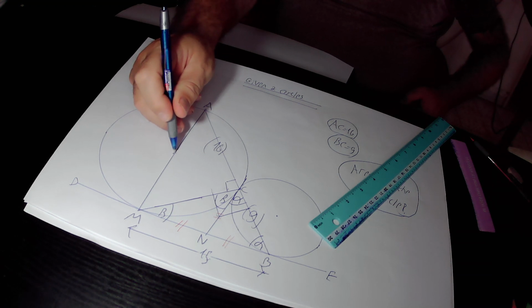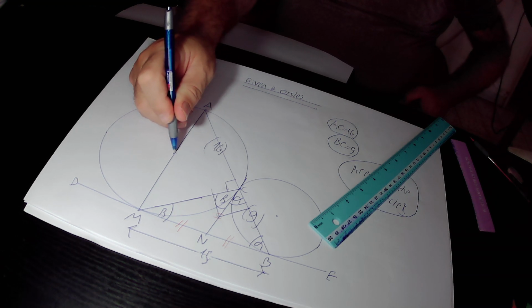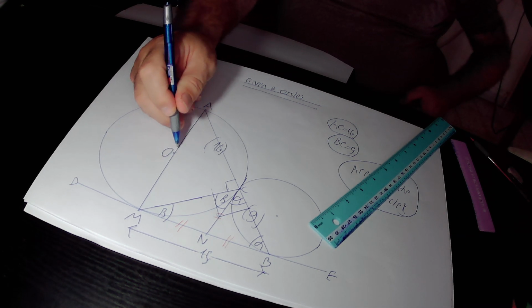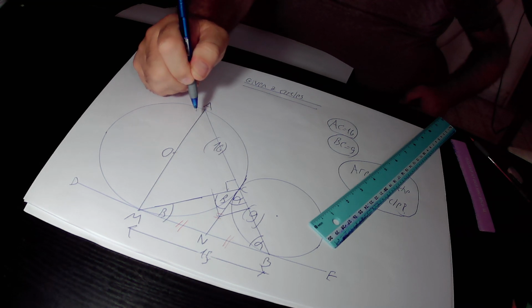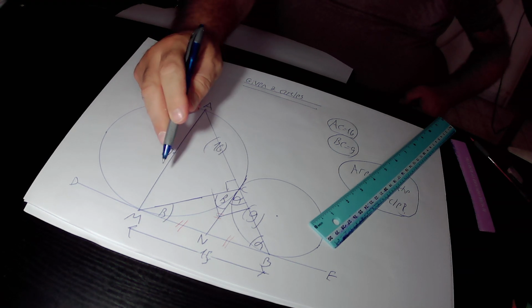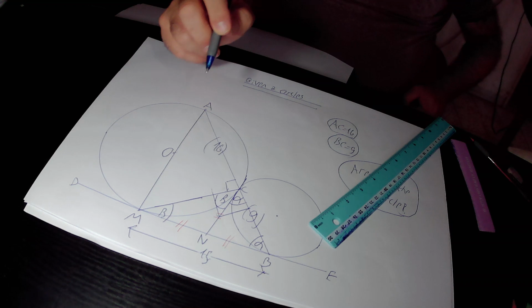This point is point O. You can see here that this is point O, the center of this big circle, and point O is definitely located on chord AM, that is the diameter of the big circle.